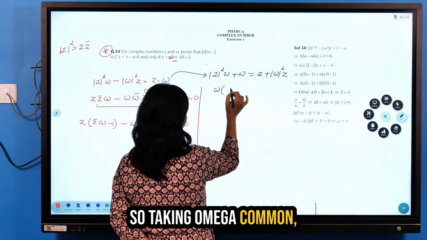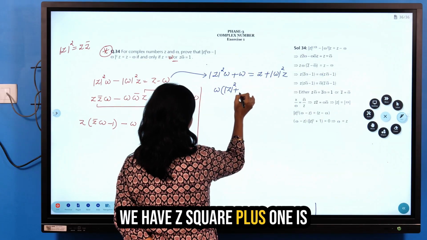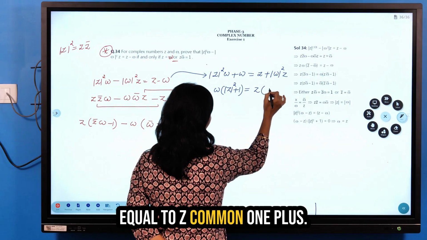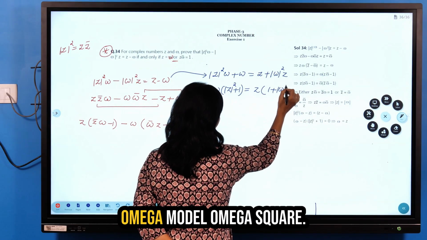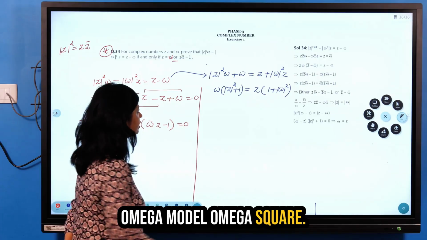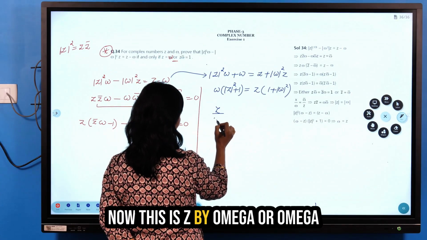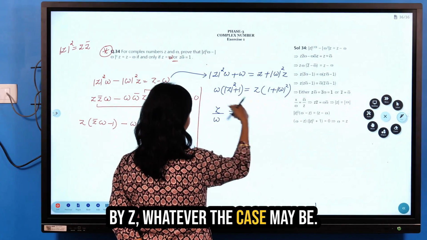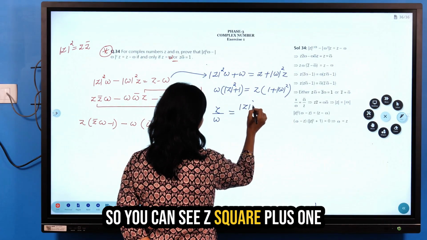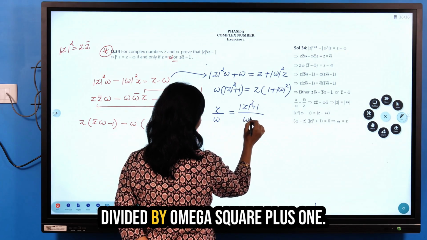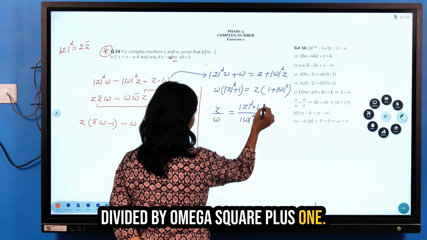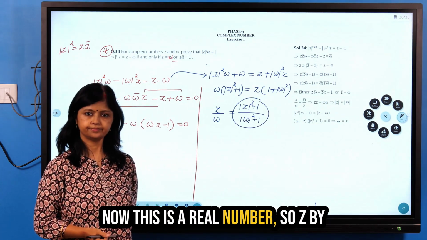Taking omega common, we have z square plus 1 is equal to z common, 1 plus omega mod omega square. Now this is z by omega or omega by z, whatever the case may be. So you can see z square plus 1 divided by omega square plus 1 is a real number.